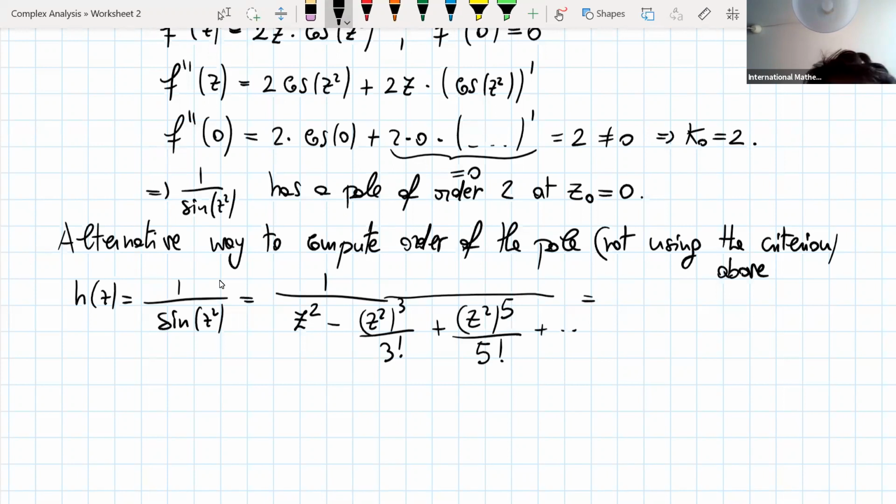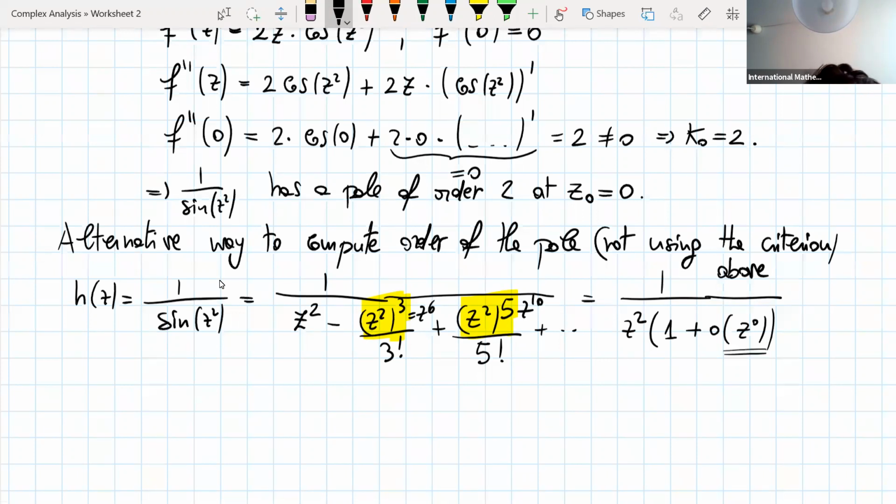So you see here, you get 1 over z squared, then 1, and then all the other terms will be of order bigger than 0. Because this first term here is z to the 6, this other term here is z to the 10th. So if I factor out z squared, then all these terms will be z to the 4th, z to the 8th, so all of order bigger than 0.